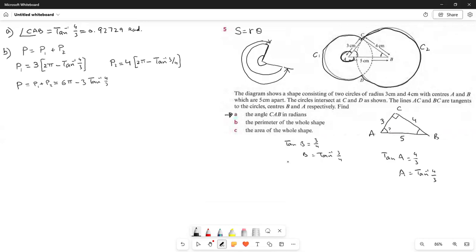And now I have to add P2, so this is going to be plus 8 pi minus 4 times tangent inverse 3 by 4. So I can simplify it as 6 pi plus 8 pi, it is 14 pi, minus 3 times tangent inverse 4 by 3 minus 4 times tangent inverse 3 by 4.